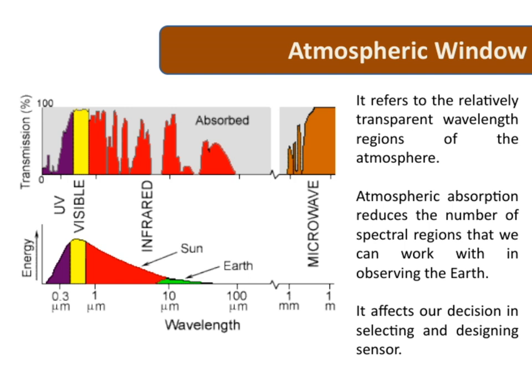It reduces the number of spectral regions available for us to work with, which means our options for remote sensing are somewhat limited. This directly impacts how we select and design sensors. We need to focus on those atmospheric windows to maximize the quality and usefulness of our observations. So, understanding where these transparent regions are helps us optimize our imaging and sensing strategies, ensuring we get the clearest, most accurate data from our instruments.